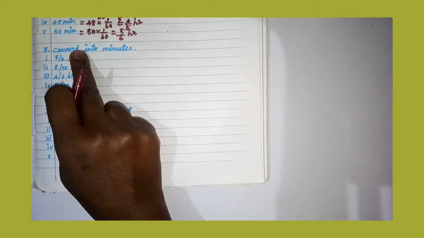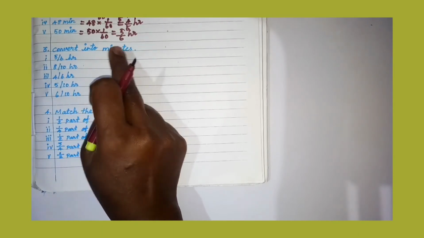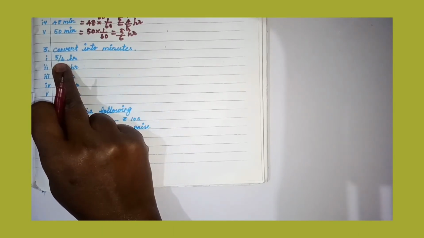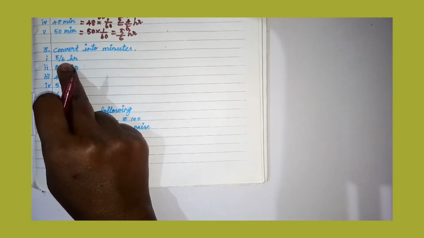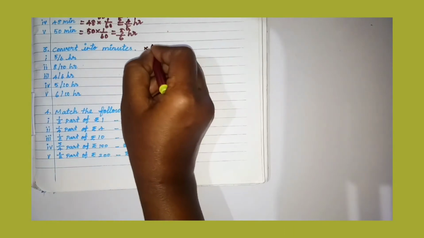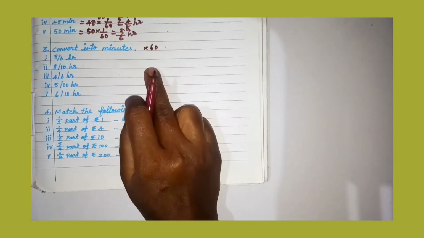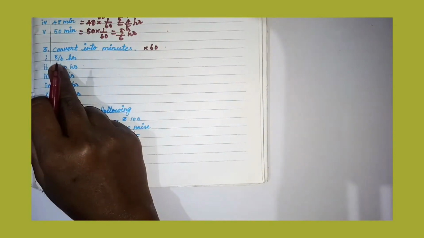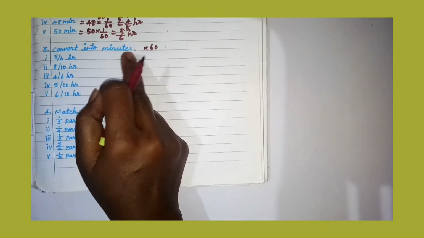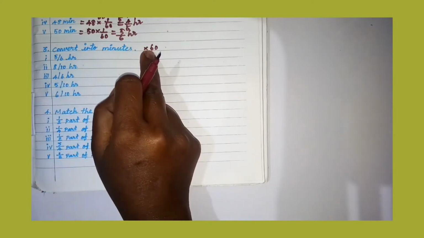Third sum, convert into minutes. So the values are given in fractions. We have to convert to minutes, which means the given value into 60, then we get the answer. Already we know the formula: 1 hour is equal to 60 minutes. So 5 by 6 hour is equal to dash minutes, we have to multiply 60.